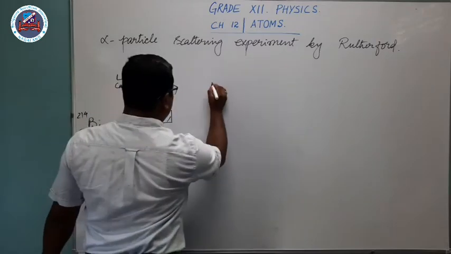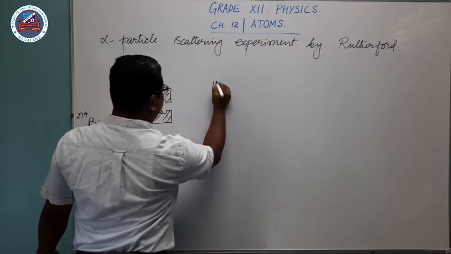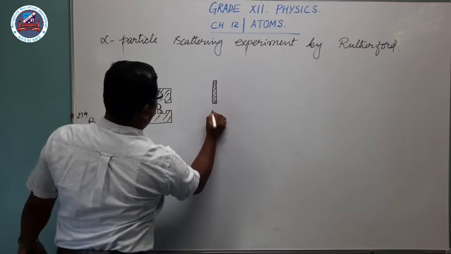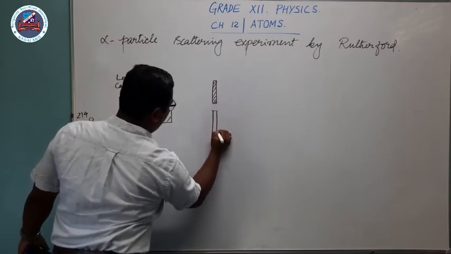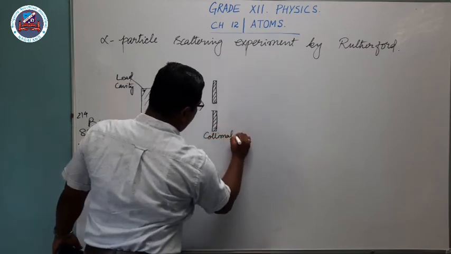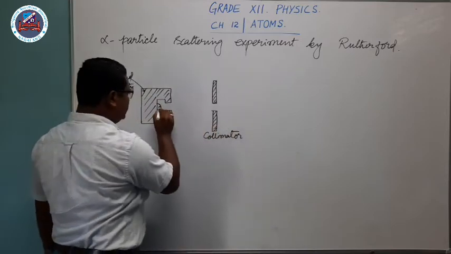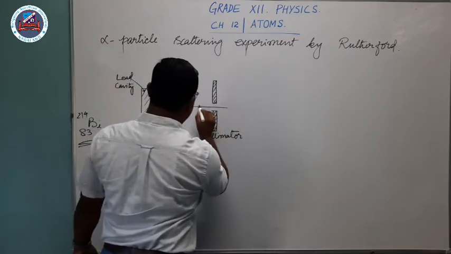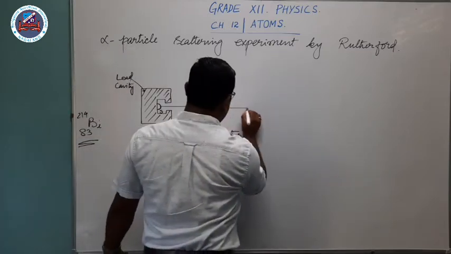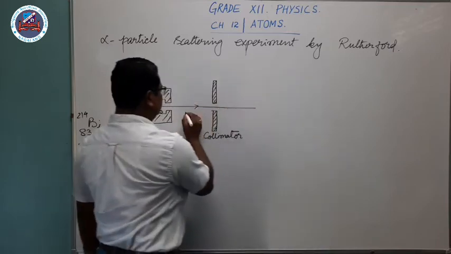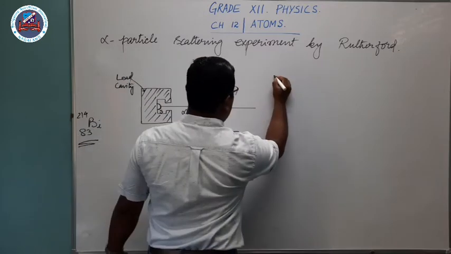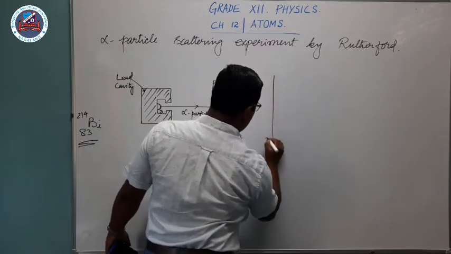Then a slit type of structure, we call it a collimator, so that the alpha rays that come out from here will go in a single straight line. Next to that, he took a gold foil in a stand.